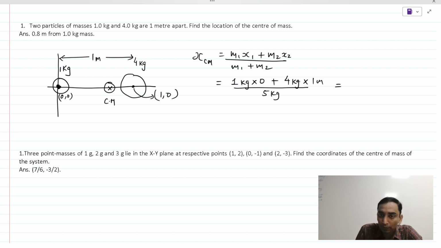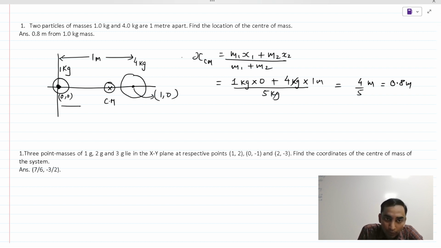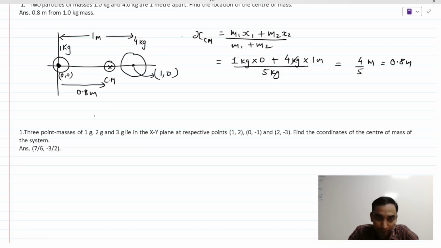The kg cancels and we get 4 by 5 meter, that is 0.8 meters. So the center of mass lies 0.8 meters away from the origin, or from the center of the first sphere.